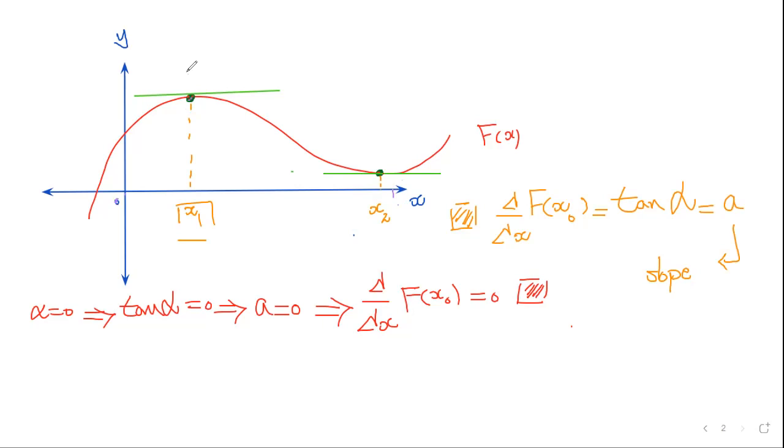That is the reason we call this point a local maximum, or global maximum, in this interval from 0 to, for example, x2. And the other point, which stands at the lowest point, here we called it minimum.